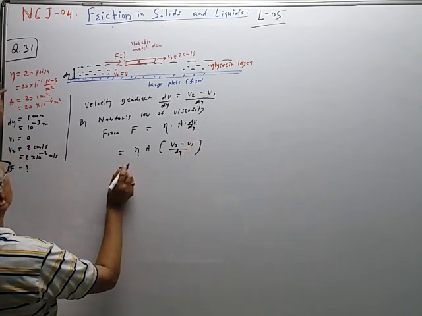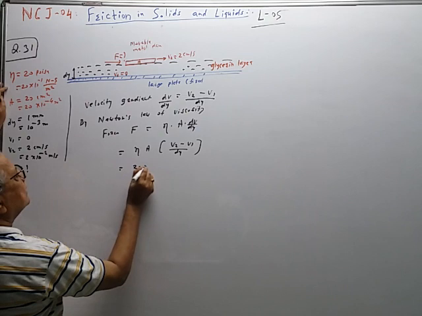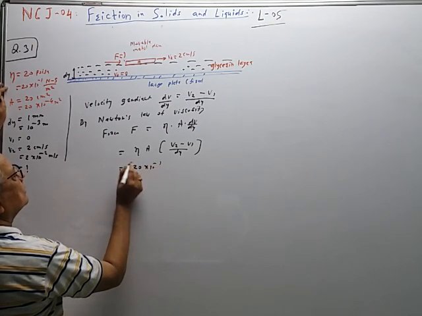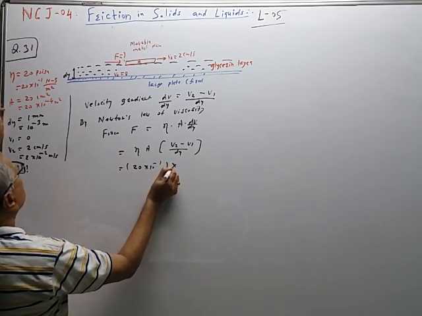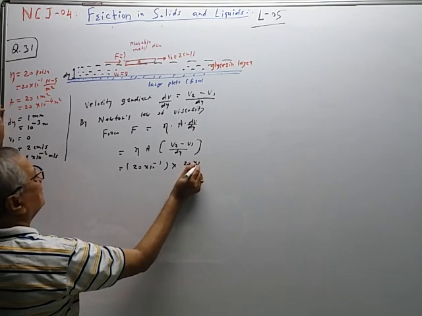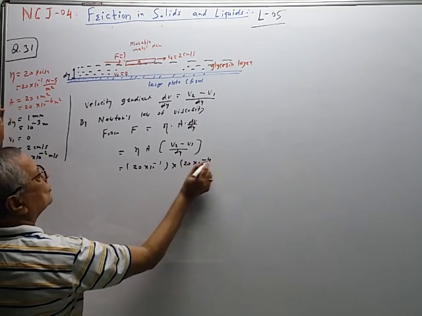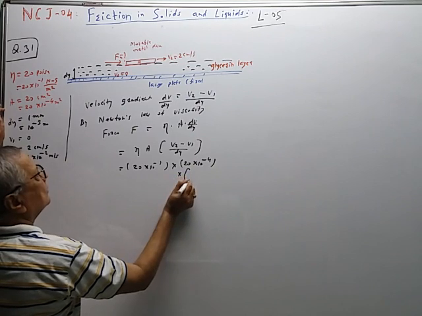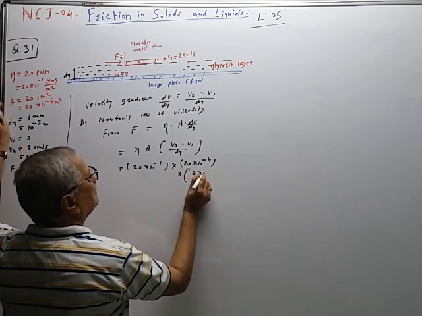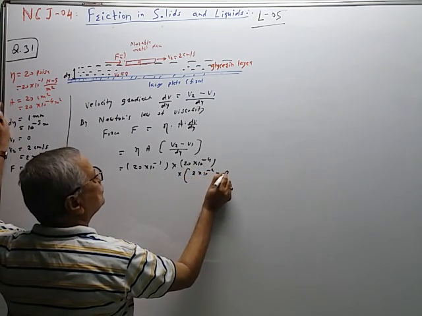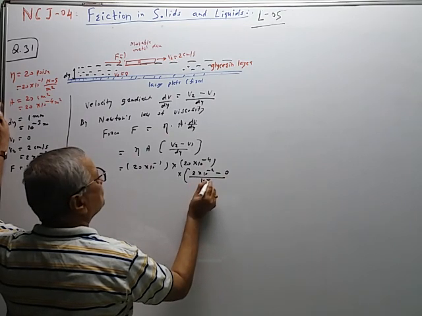Now substitute the values. Eta is equal to 20 into 10 raised to minus 1. Area is equal to 20 into 10 raised to minus 4, multiplied by 2 into 10 raised to minus 2 minus 0, upon 10 raised to minus 3.